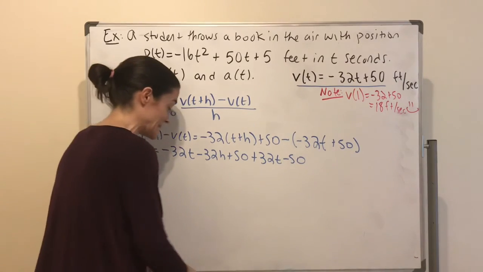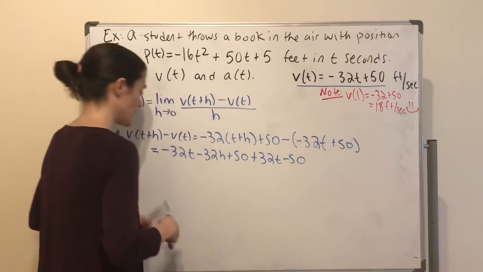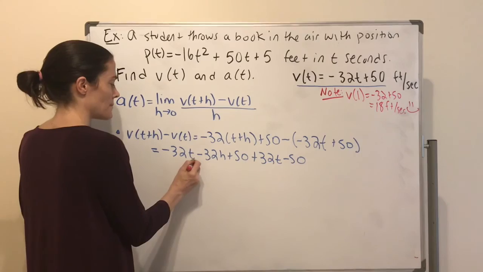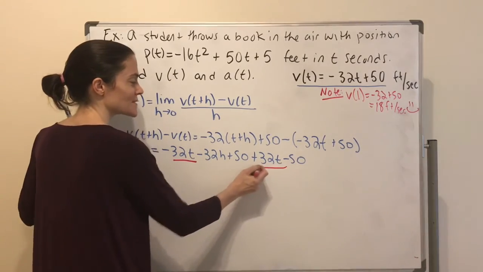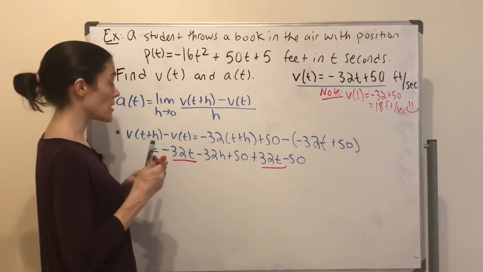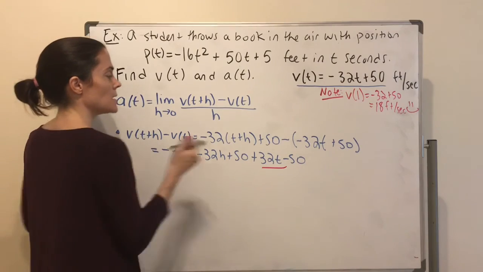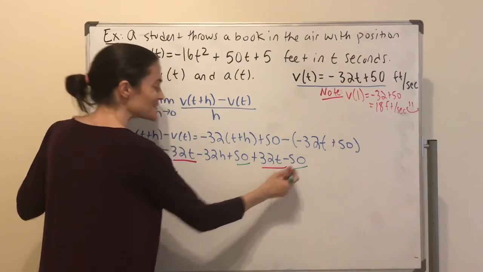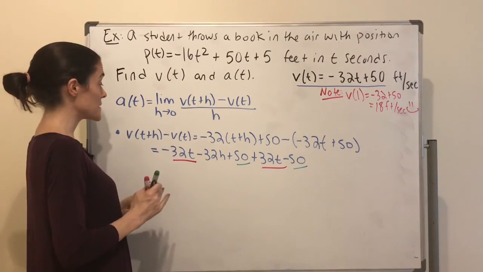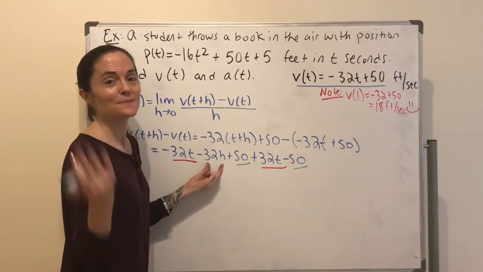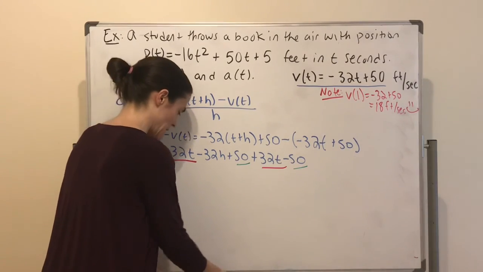And we see some things cancel when we add minus 32t plus 32t adds to 0. Similarly, plus 50 minus 50 adds to 0, and you see we are left with minus 32h.